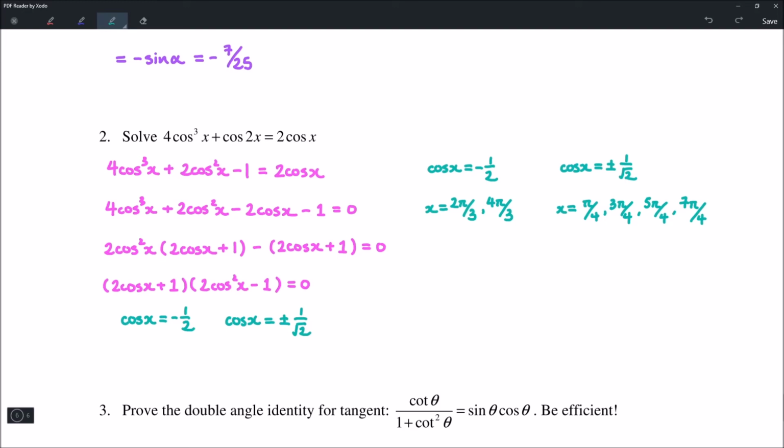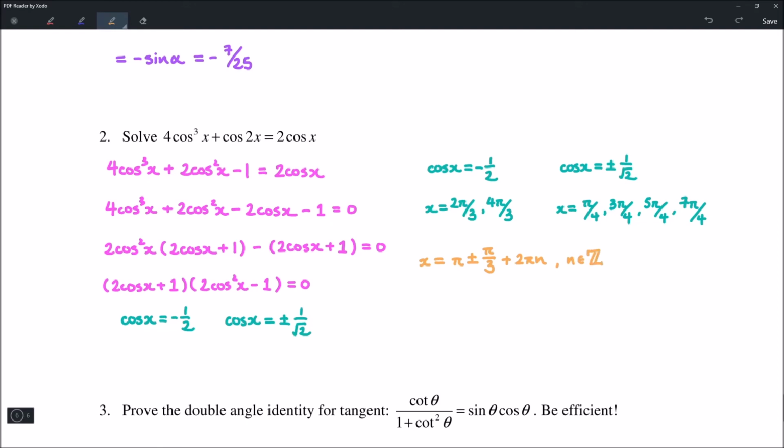Okay, so from there, we can rewrite this as general solution because the domain is not specified in this case. So for general solution, we have x is equal to pi plus or minus pi over 3 plus the period of 2n pi, 2 pi n, where n is an integer.